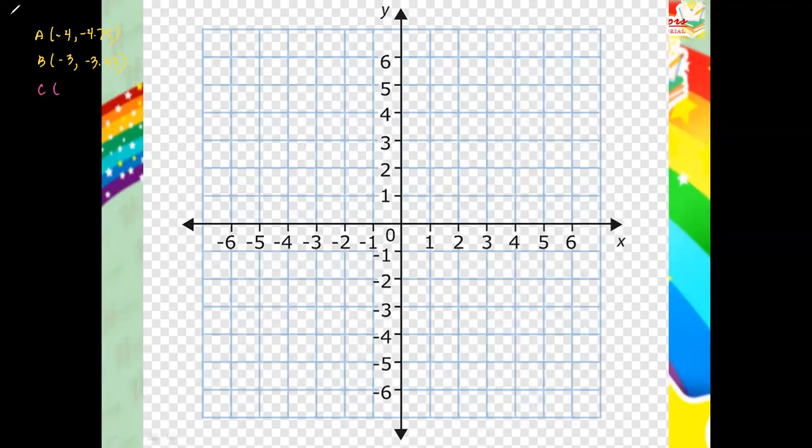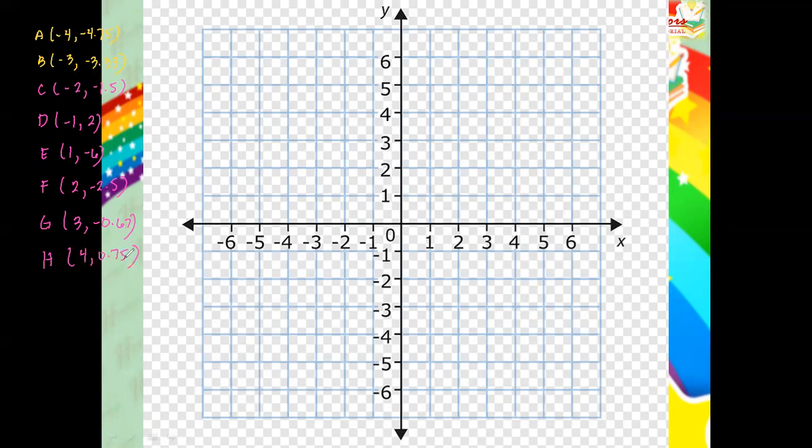For letter C, we have here -2 and -1.5. For letter D, we have here -1 and 2. For letter E, we have here 1 and -6. For letter F, we have here 2 and -2.5. For letter G, we have here 3 and -0.67. And for letter H, we have here 4 and 0.75.